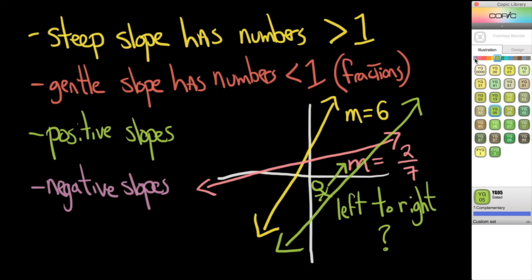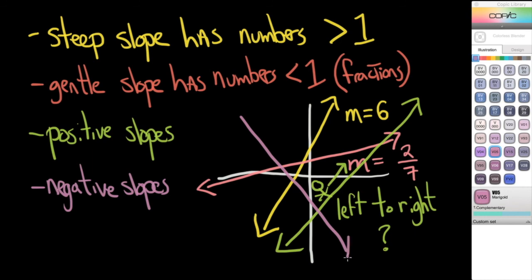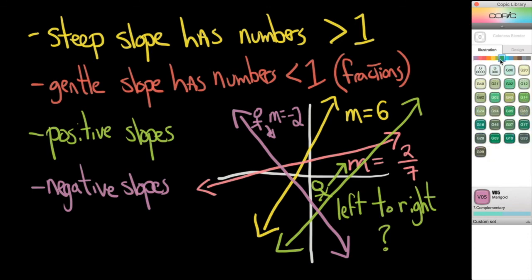And if they're walking left to right and they're walking down, like this, then it's negative. So if your little person is walking left to right and they're walking down, your slope is negative. So something like m equals, this would be like negative, I don't know, 2. And over there, that's just a positive slope.